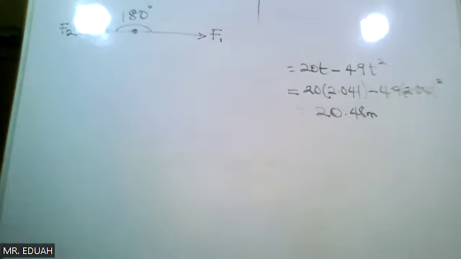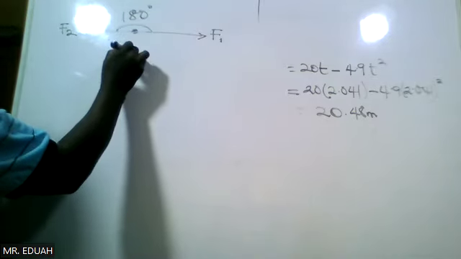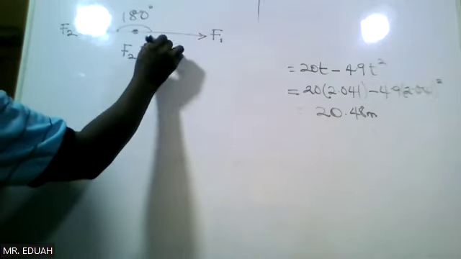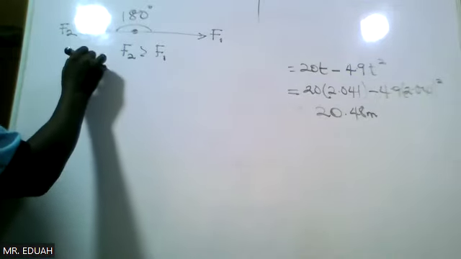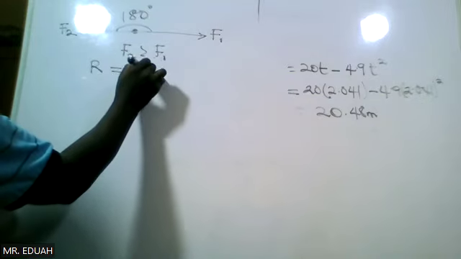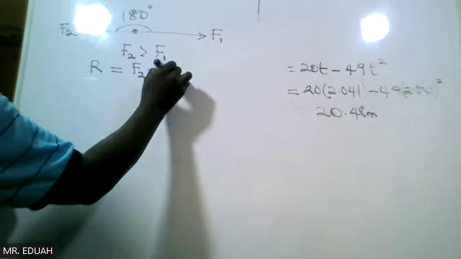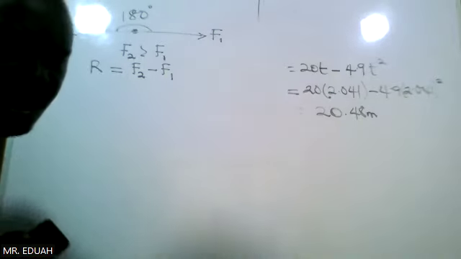So when they act in opposite direction, we are told the resultant is 10 Newton. So if F2 is greater than F1, here the choice is yours, then the resultant R would be equal to F2 minus F1.